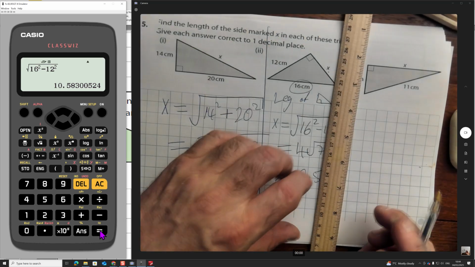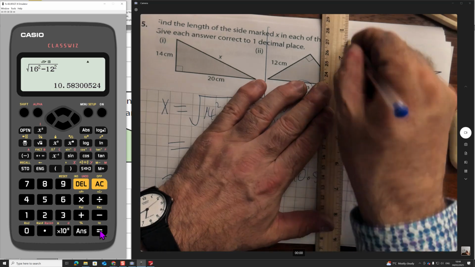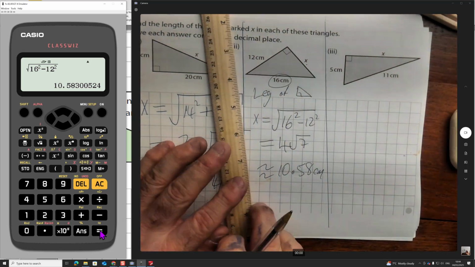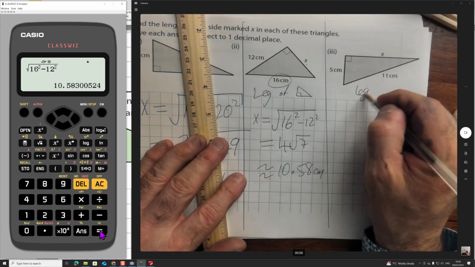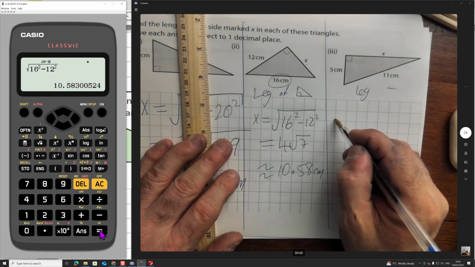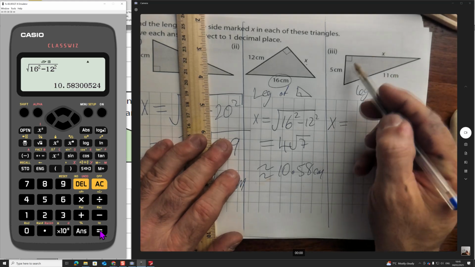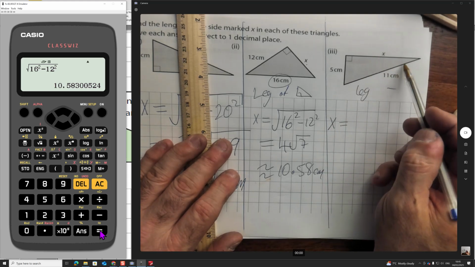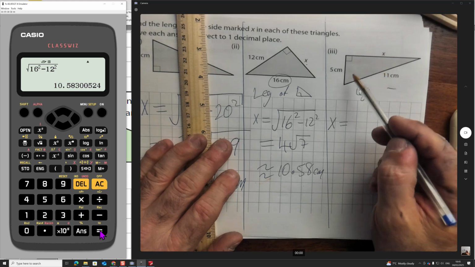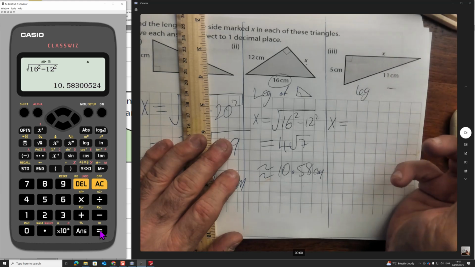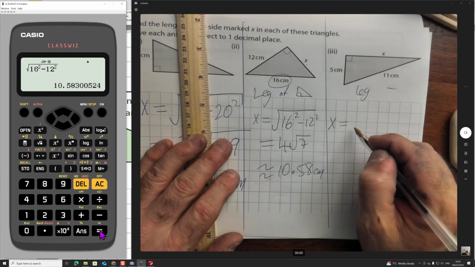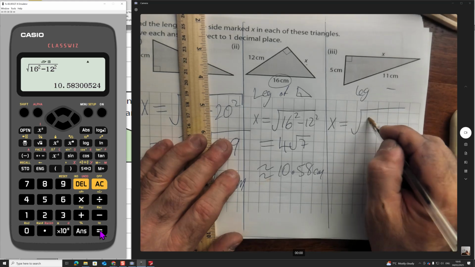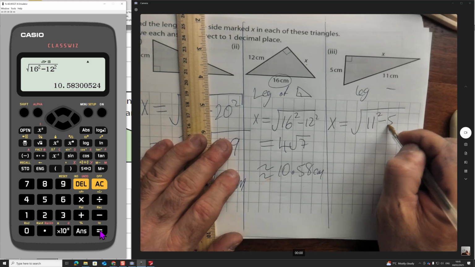Okay, and we'll partition our page and on we go. Identify it as a leg. The leg has the minus. We will go X equals, another thing to look for is, do we know this? Is this a regular common Pythagorean triplet? And it isn't. So X equals the square root of 11 squared minus 5 squared.